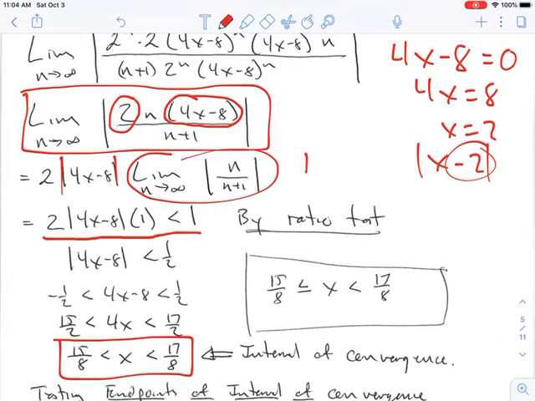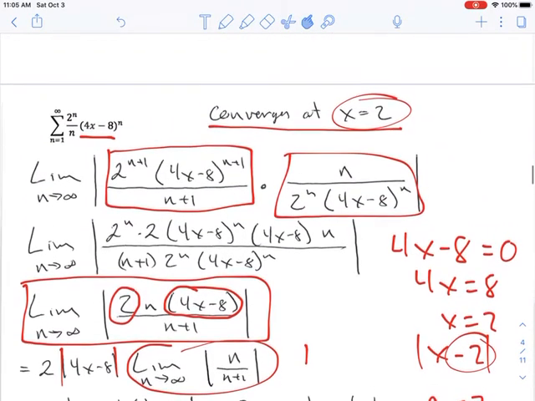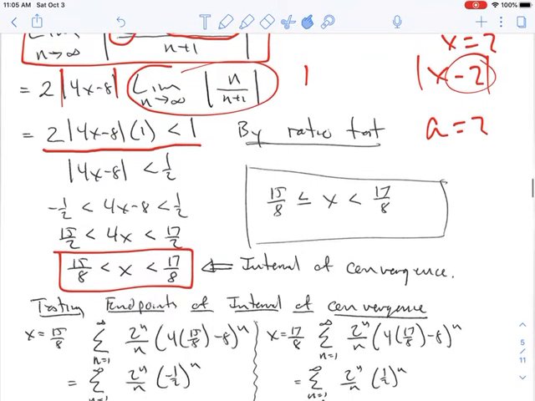The interval of convergence is 15/8 to 17/8. And so the center of that interval is 16/8, which of course is 2. We know that our center is at 2, and we already know that it is going to converge at 2. And it's actually converging over an interval.